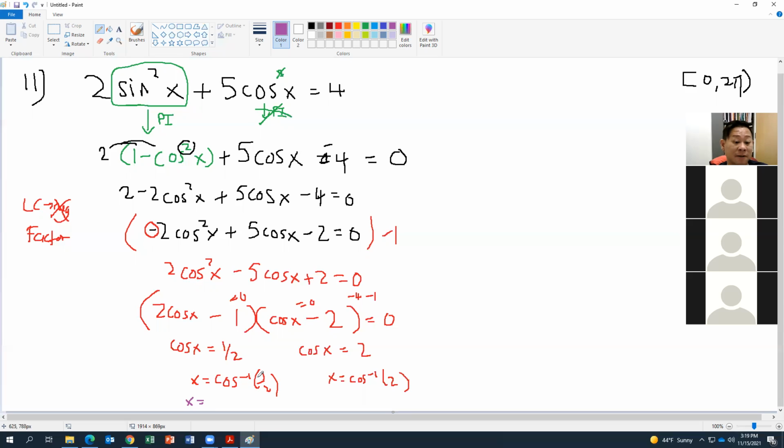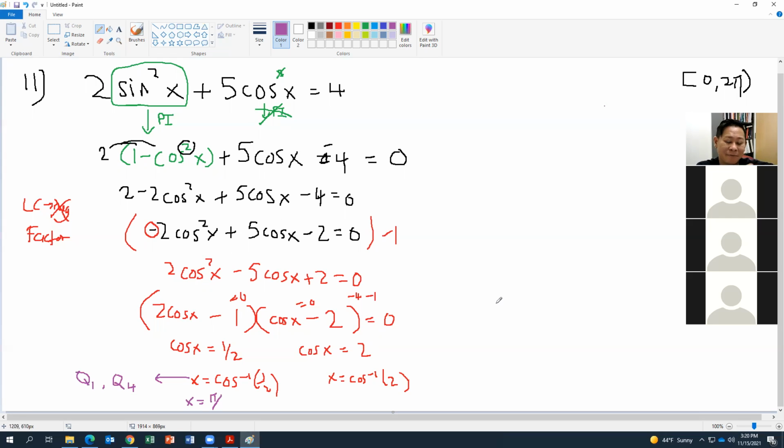You got 2 because it's positive: quadrant 1 and quadrant 4. Anyone? Pi over... anyone?